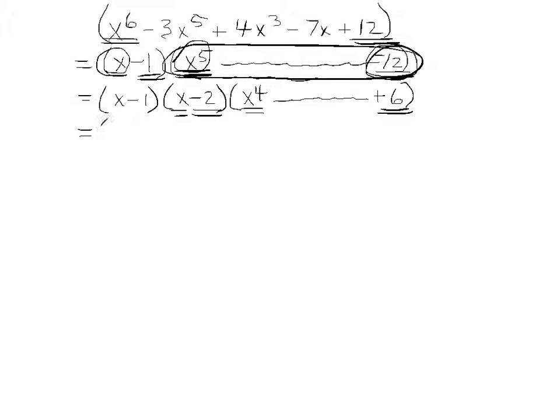And so this continues. The next step, we get an x minus 1, an x minus 2, and this x to the 4th. Let's say there's an x plus 1.